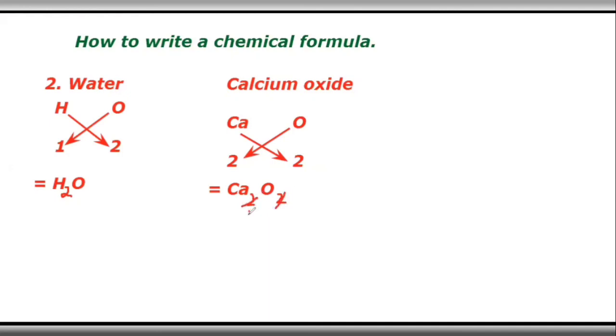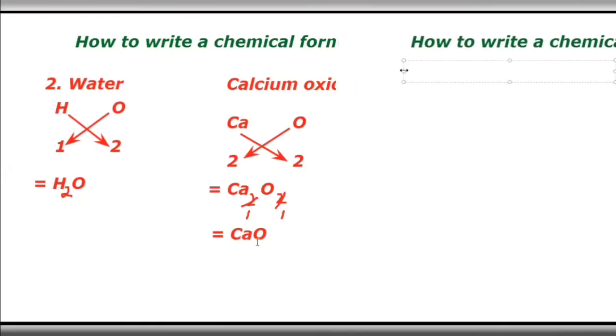So here we have 1, and here also we have 1. Now we finally have Ca1O1, but we need not write those 1s. So finally we get the chemical formula for calcium oxide like this: CaO.